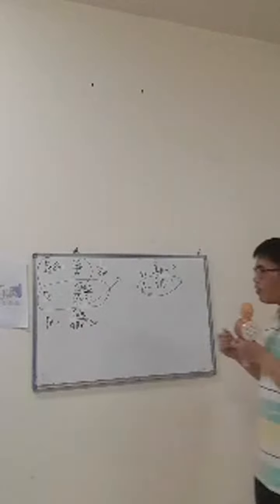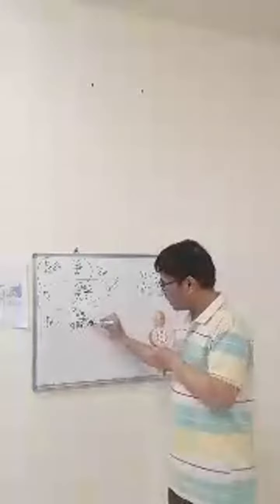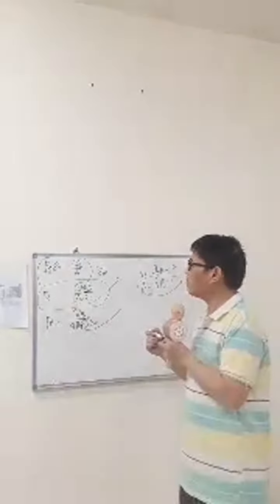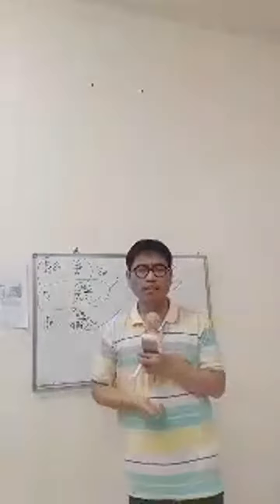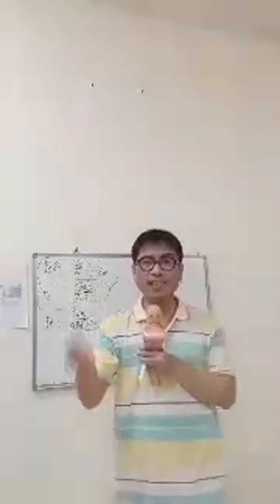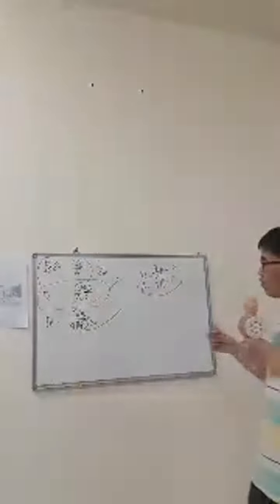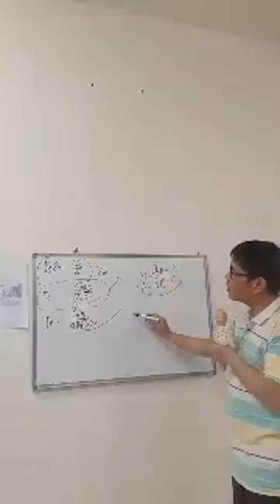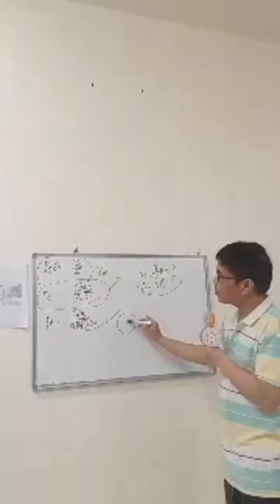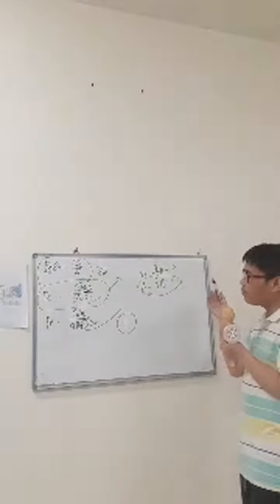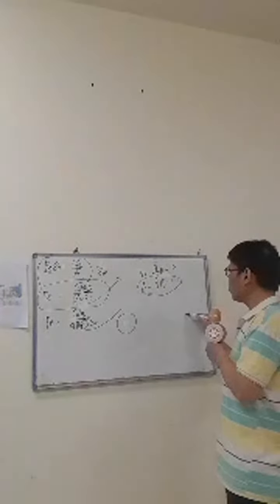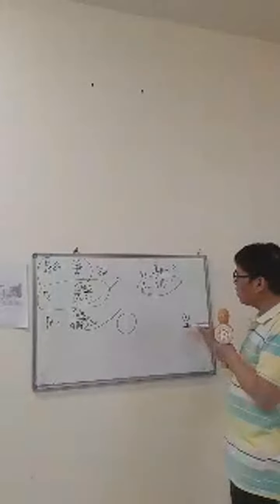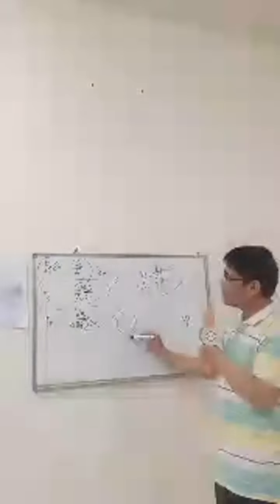Now, you have the r squared here in the denominator. Take note, this r squared will not be your radius. It's your distance. Since you have two charges here, let me explain. I have a big positive charge, the big circle, which is capital Q, and on the other side a small positive charge, which is small q.